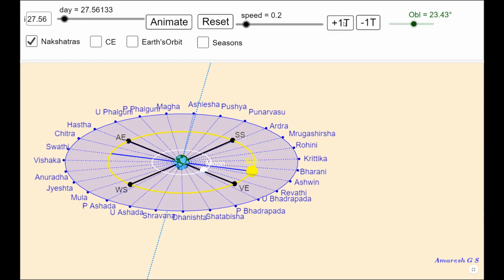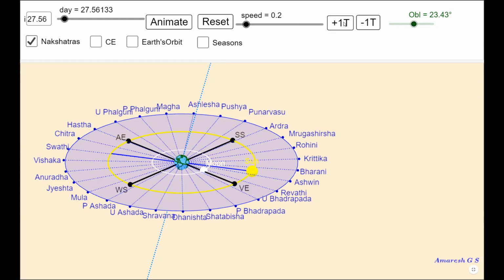This is the sidereal lunar month of about 27 days. But notice, in the meantime, the sun has moved from its original position. So if we want to reach the position of Amavasya again, which gives us the synodical or synodic lunar month, okay?